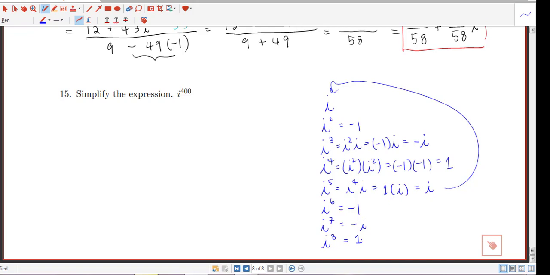Here's the cool trick. Do you see the 400? Divide that by the cycle of 4, because i is going to go in cycles of 4. And what you want to do is look at the remainder. This is called the remainder theorem. It's not taught in this textbook. It's actually graduate school material, but let's see.